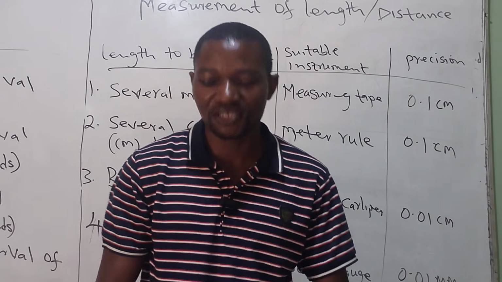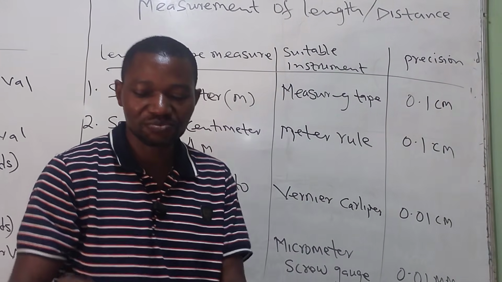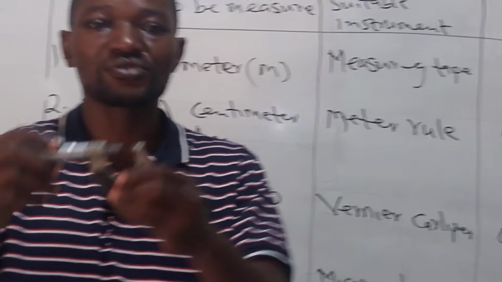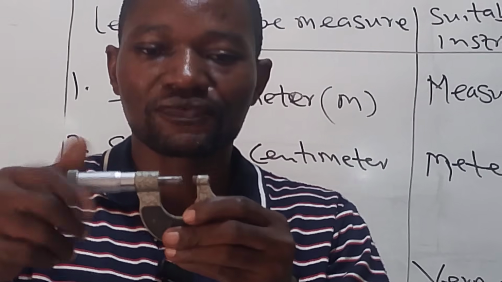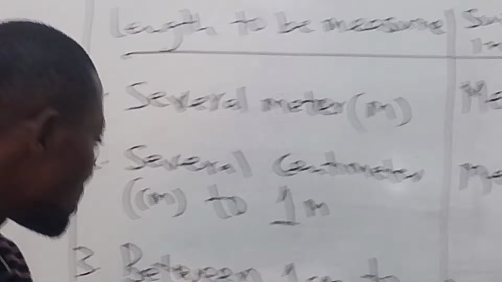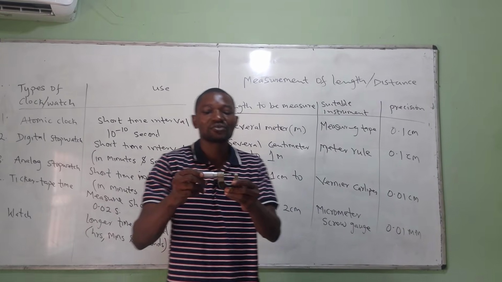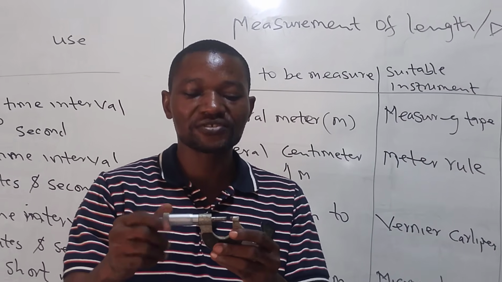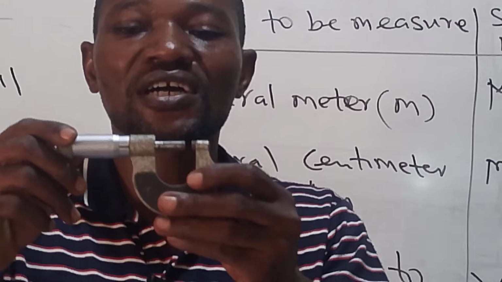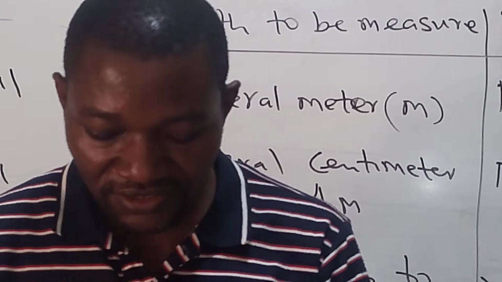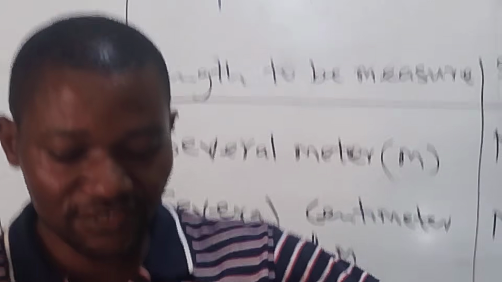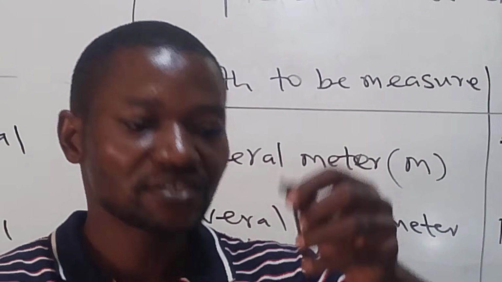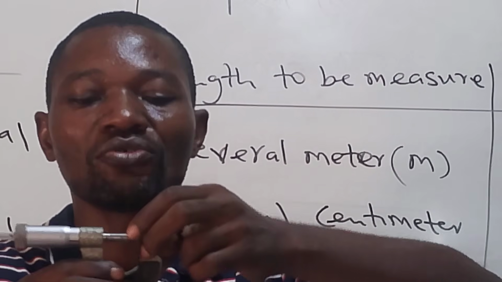Have you seen a micrometer screw gauge before? I have one here to show you. So for measurement that is less than 2 cm, we can use micrometer screw gauge. This is a micrometer screw gauge. For instance, you want to measure, let's say, diameter of this, the rope of stopwatch.